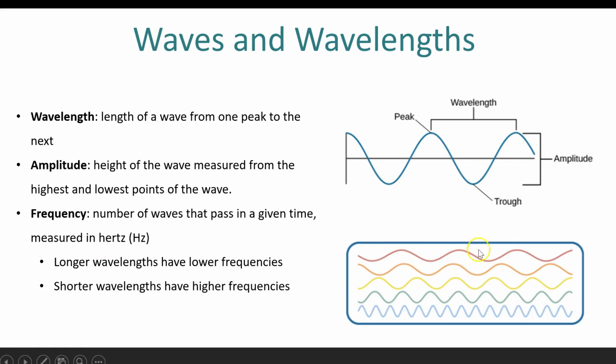As you see here, longer wavelengths have lower frequencies, so there's only 3 waves here, whereas shorter wavelengths, as you see on the bottom, have higher frequencies of waves occurring. This is the basics of waves and wavelengths.